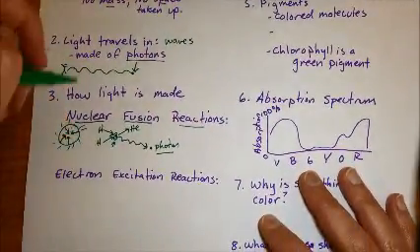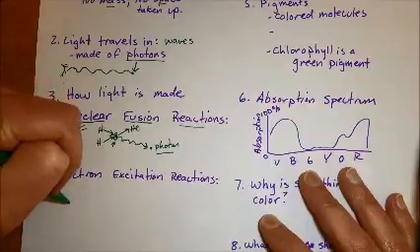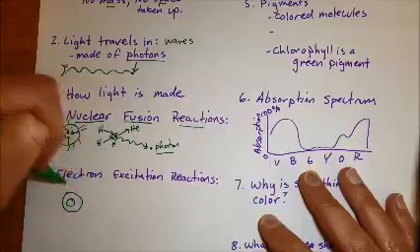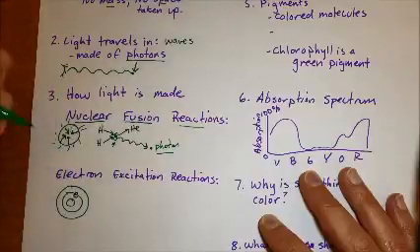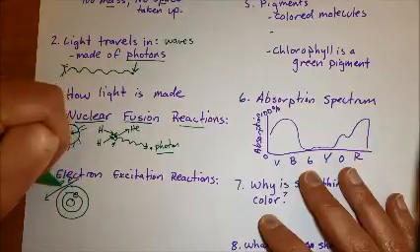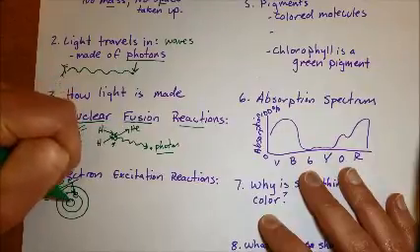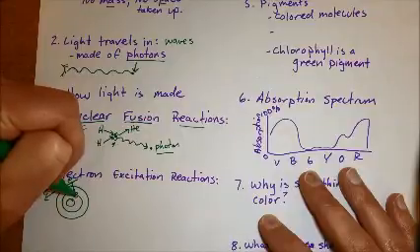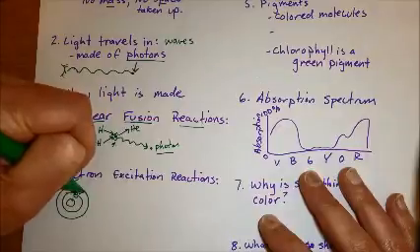The other way light is made happens in the sun, but also happens using electricity and light bulbs and whatnot. It's called electron excitation. If you zoom into one atom, here's the nucleus, here's an orbital where electrons orbit the atom, and let's say I have an electron here, I'll put E for electron. If electricity in a wire has electrons passing through it, some of the energy they have can be transferred to the electrons of the atom in the light bulb wire, and it can absorb that energy.